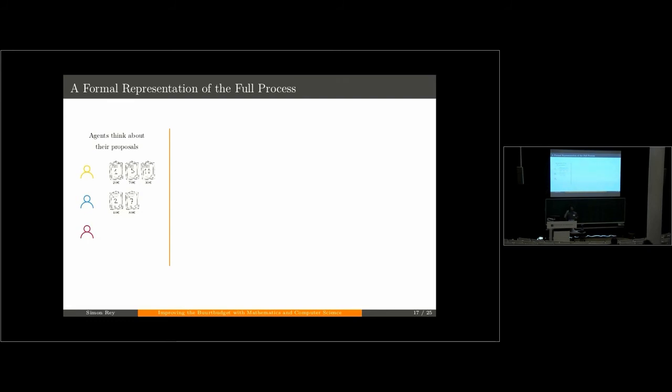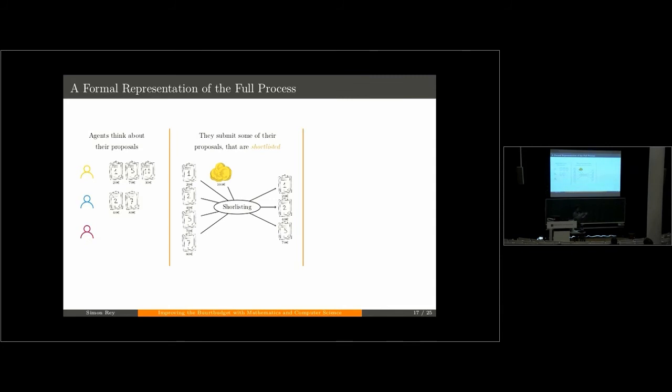The agent thinks about their proposal, it is submitted, and the municipality selects only a few of them. The municipality shortlists some proposals that are only then, in a second stage, brought to the citizens for a vote.